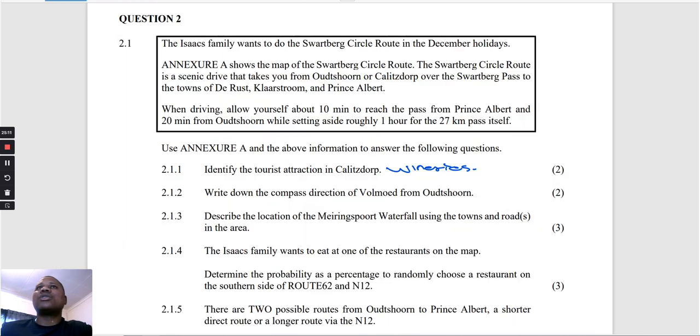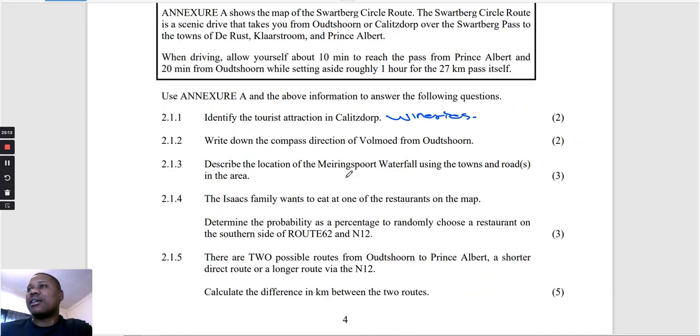Let's go to number 2. I didn't read the question there. Write down the compass direction of Woolmoot from the Oaththorn. The case is that we are moving from here to here, because of the word from.